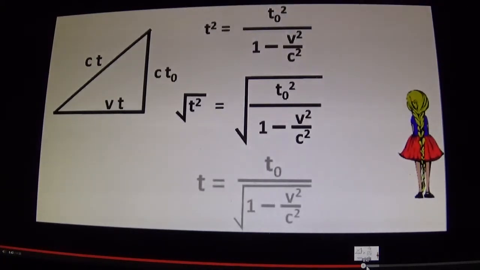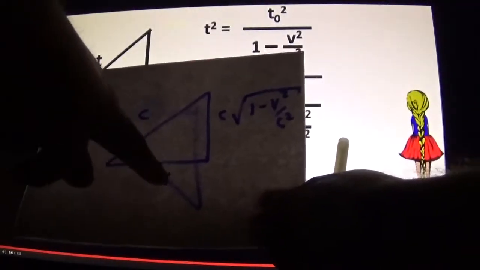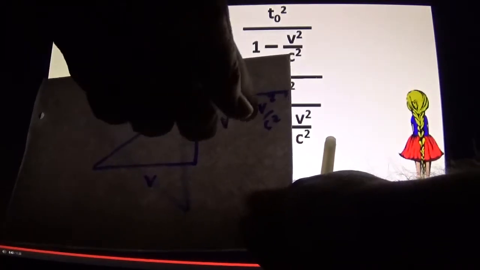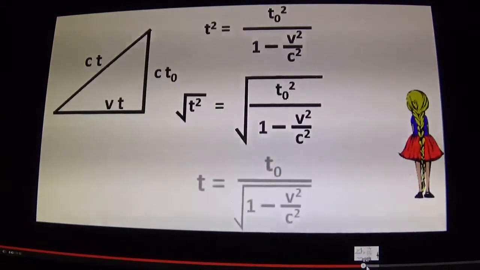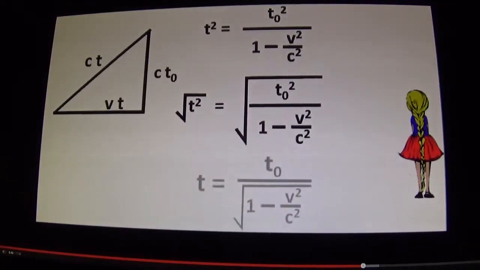So they're trying to pretend that there's time dilation instead of what it really is from Newtonian physics: c along there, v along there, and c times the square root of 1 minus v squared over c squared. That's the little trick they try to do. They can't even do their maths properly.